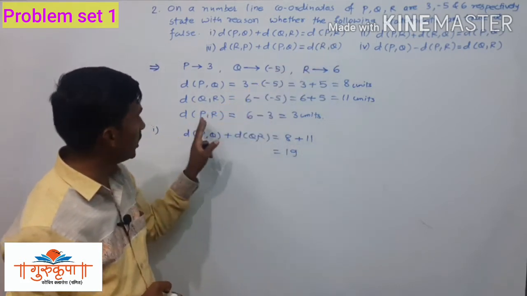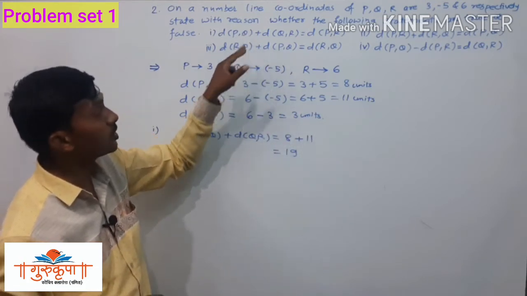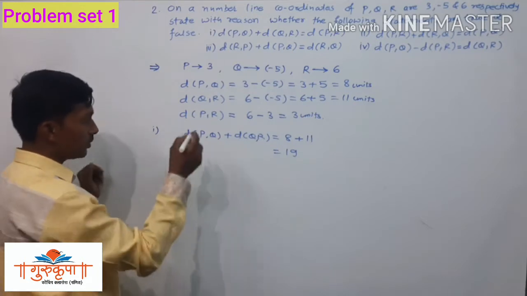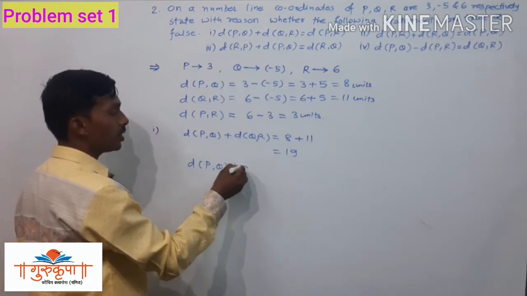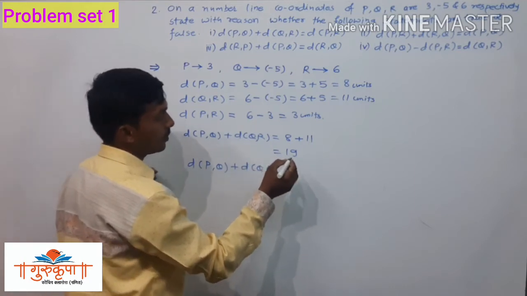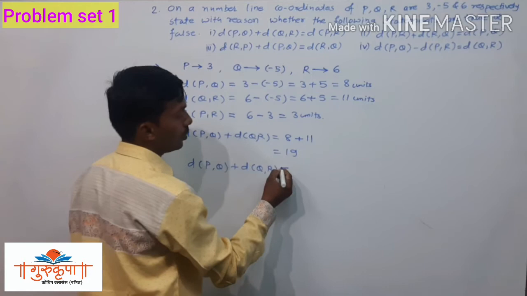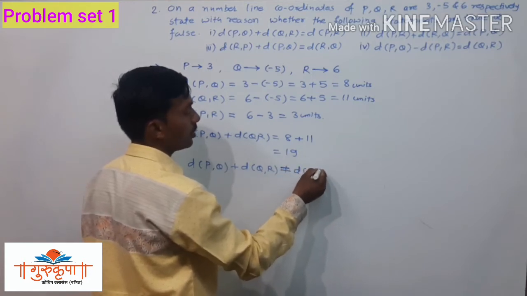Distance PR is 3 units. Means the given statement, the first statement, is wrong. So here we can write distance PQ plus distance QR is not equal to distance PR.